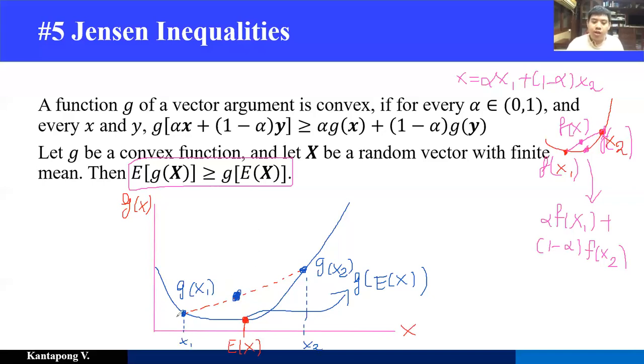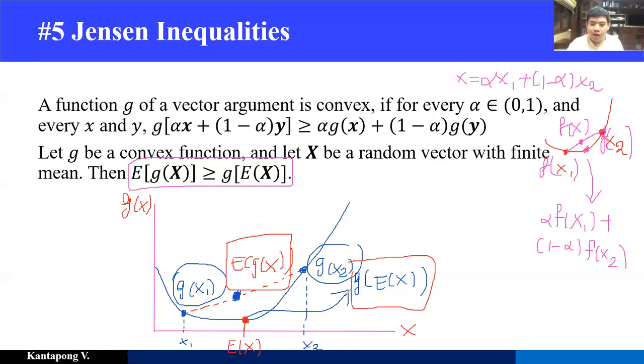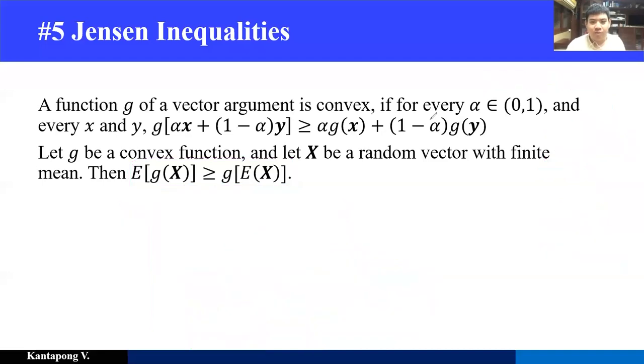So rather than g of E of X, it's going to be the weighted average of these two. In other words, it's going to be E of g of X. That is, E of g of X is larger than or equal to g of E of X. And that is the picture intuition. I hope that you remember it by the picture, because I survived because of this kind of intuition.